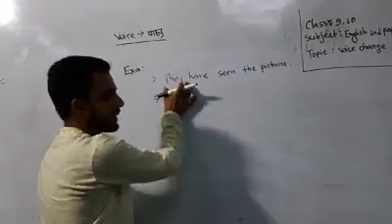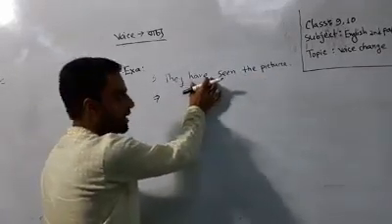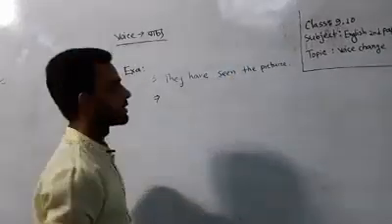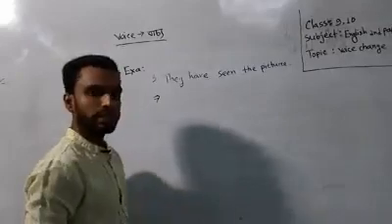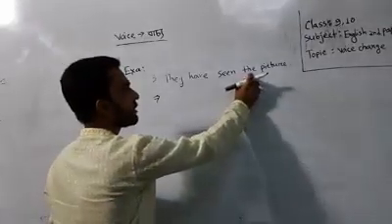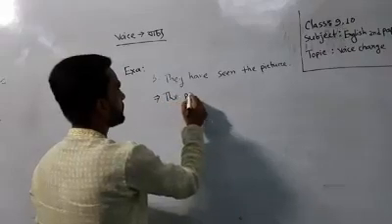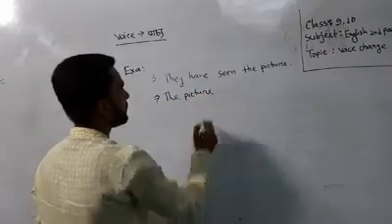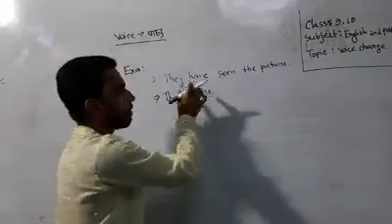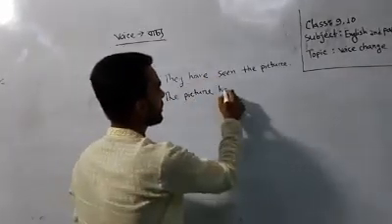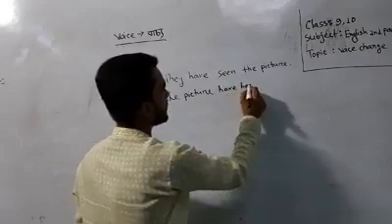Here they is subject, have is auxiliary verb, seen is principal verb, and the picture is object. So, when you change the voice, at first you have to add the picture as subject. Here have is auxiliary verb for active and have been for passive.